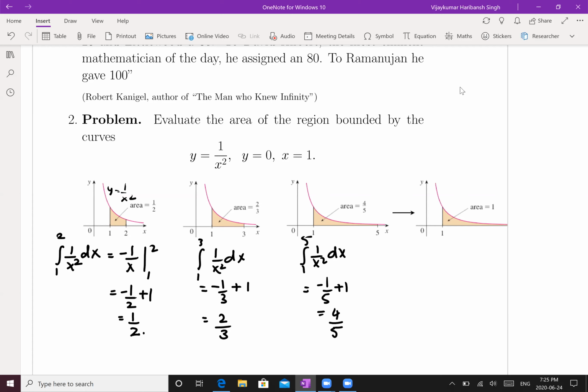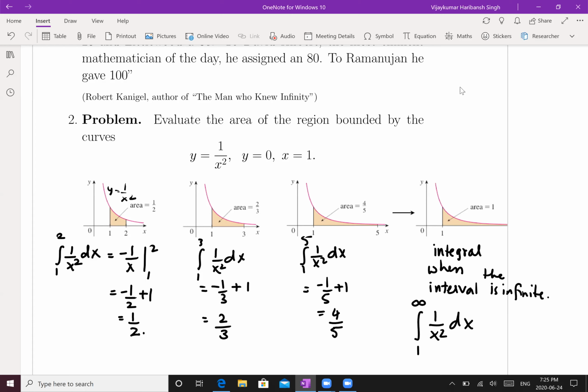If we proceed this way, here we want to find out the integral when the interval is infinite. So it will look like integral 1 to infinity of 1 over x squared dx.